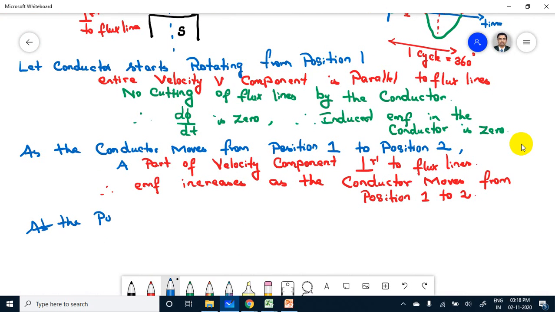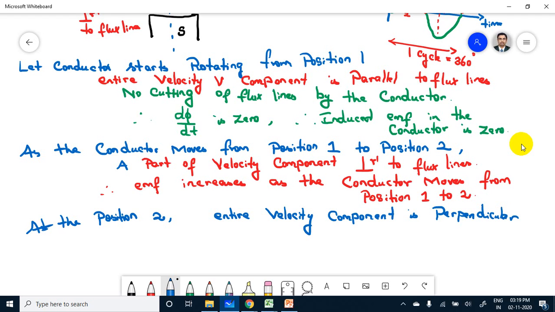Now, at position 2, the entire velocity component is perpendicular to flux lines, because when the conductor starts moving from 1 to 2, only a part of the velocity component is perpendicular, but at position number 2 the entire velocity component is perpendicular to flux lines.